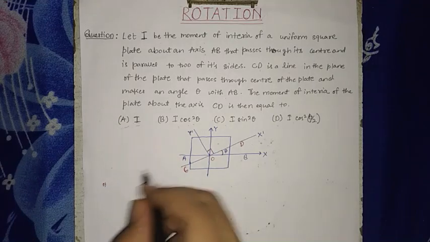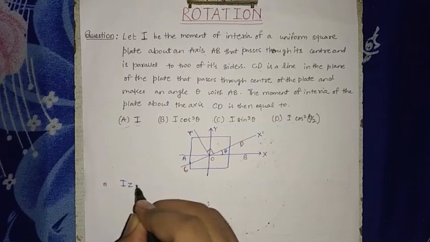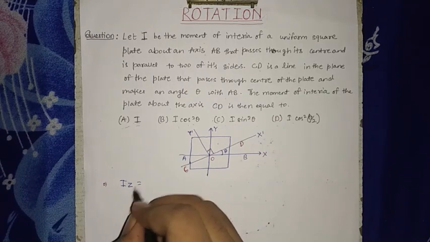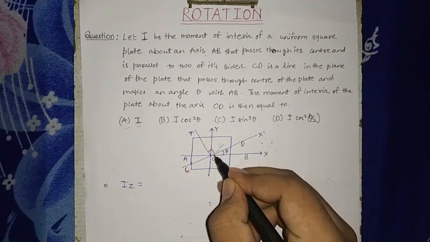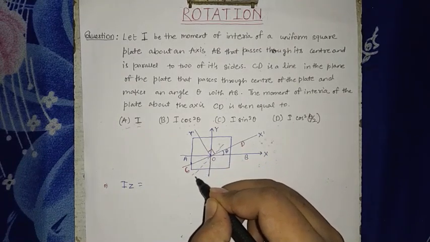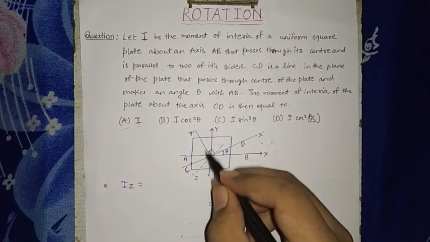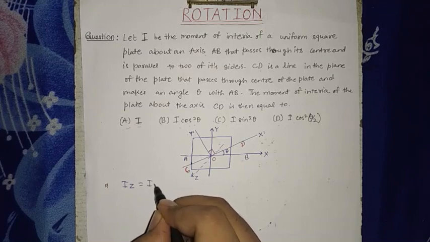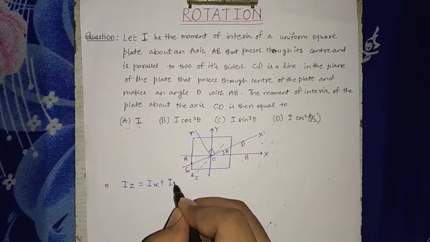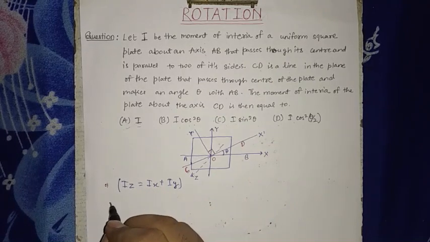So by the perpendicular axis theorem I can write Iz. Iz is the moment of inertia of the square plate about the Z axis, which is perpendicular to the plane of the square plate. So Iz is equal to Ix plus Iy according to the perpendicular axis theorem.